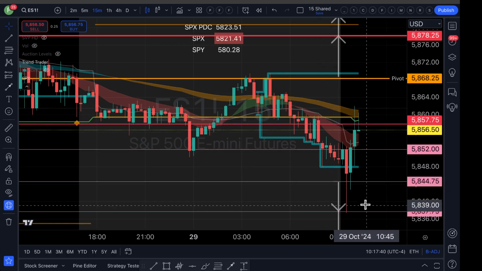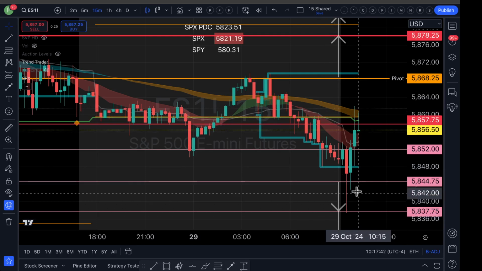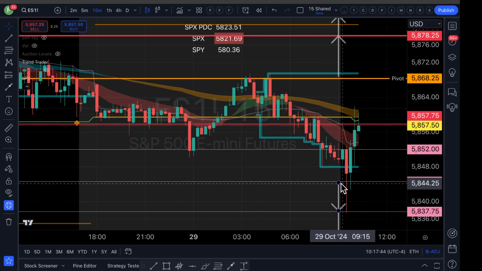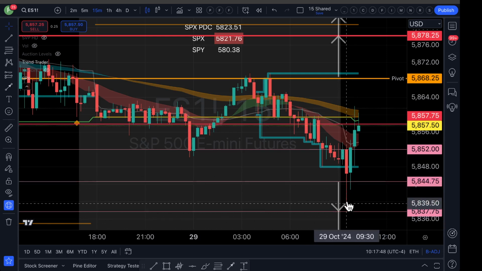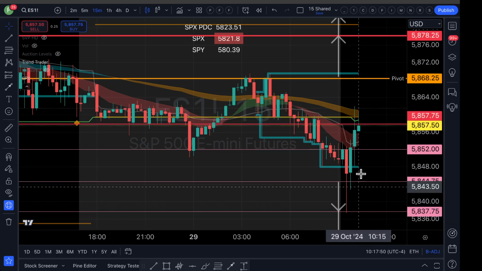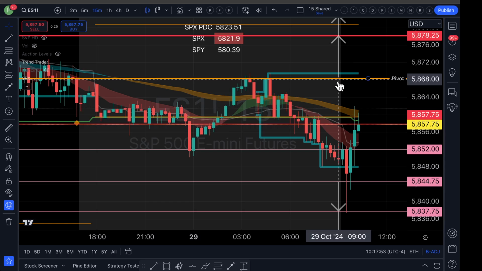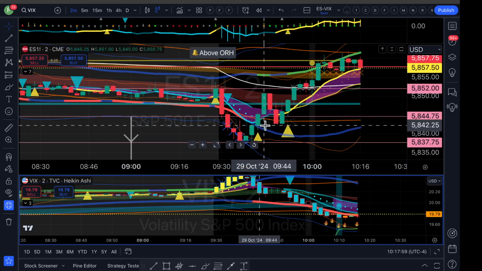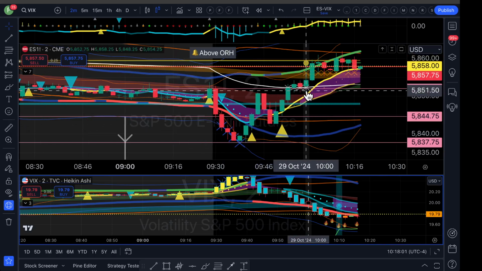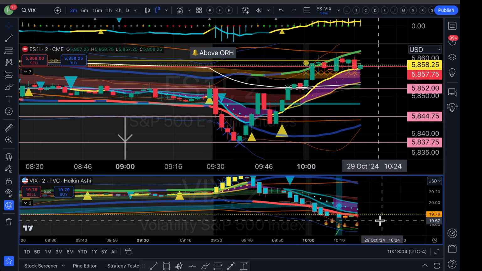But again, right here we see that the bears are trapped here at the bottom. Now that doesn't mean they will stay trapped, but you always want to come back to the 15-minute chart. And honestly, this is all I'm looking at, this 15-minute chart, and then this chart where I have ES and VIX.